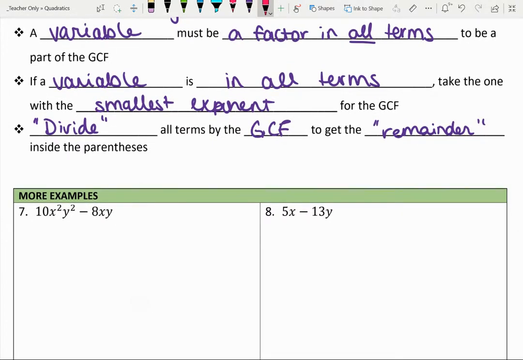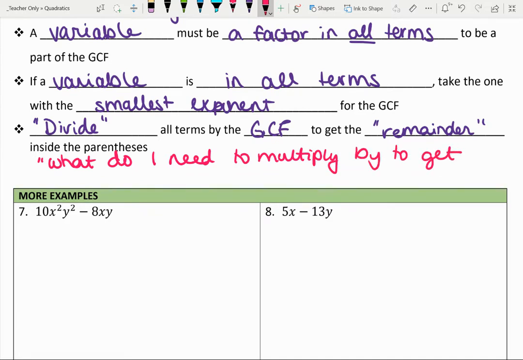And remember, another way to think of this is to ask ourselves the question, what do I need to multiply by to get back to the original?